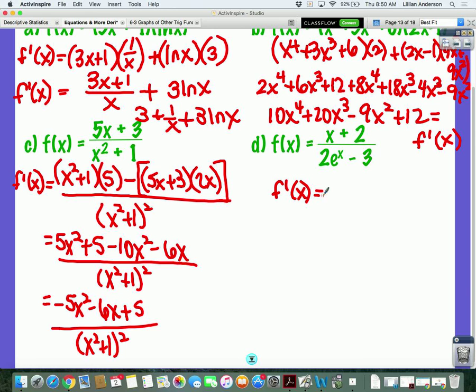The rule starts out how? Low, D high. Derivative of the top is? 1. That's always nice. Minus high, D low. What's the derivative of the bottom?